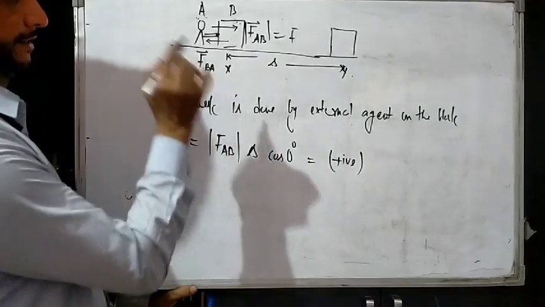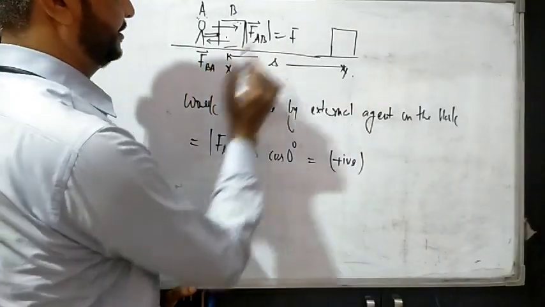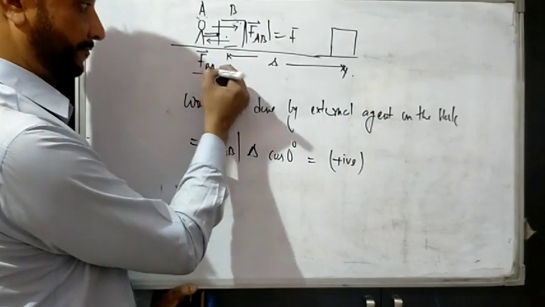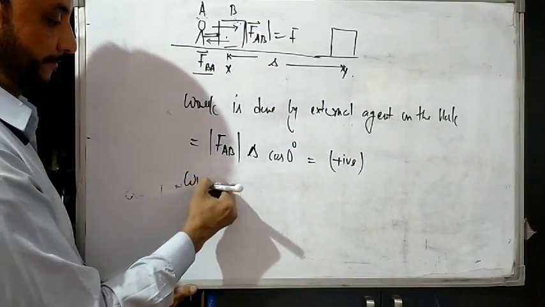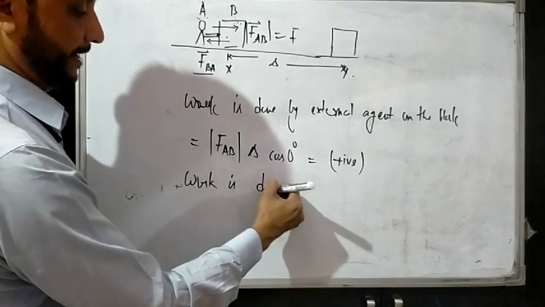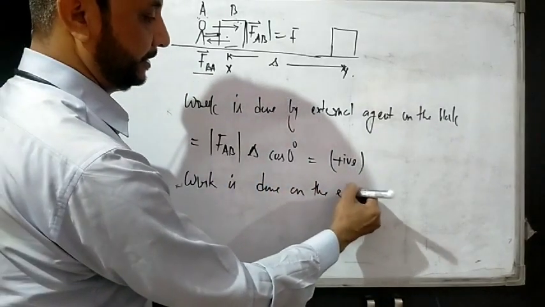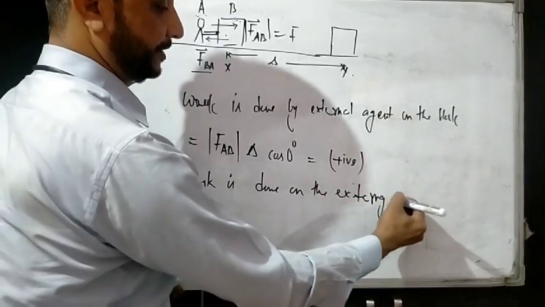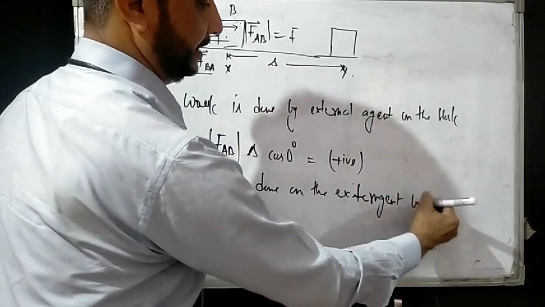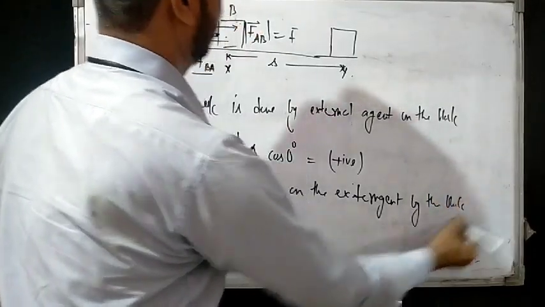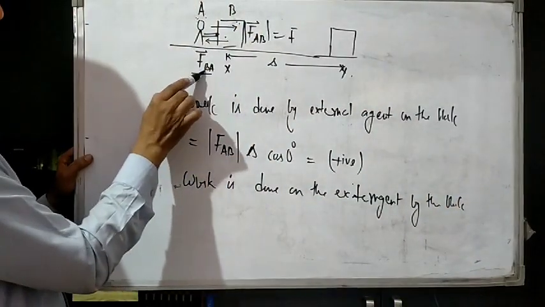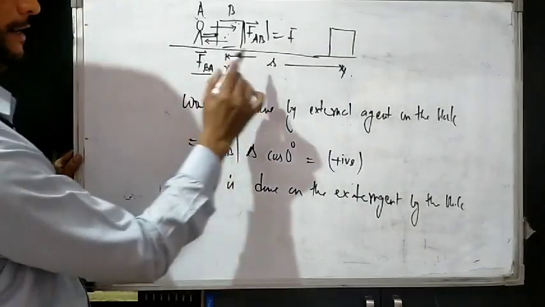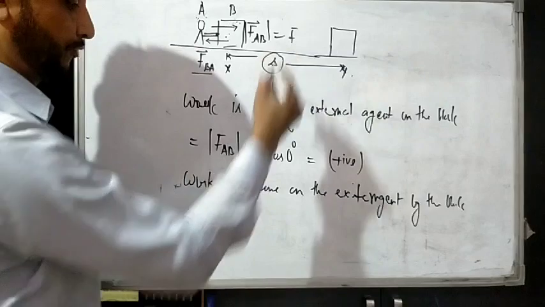At the same time, when the block is here, what is the work done on the external agent by the block? Let us see here. F_BA is directed towards the left, and the displacement of the block is toward the right.